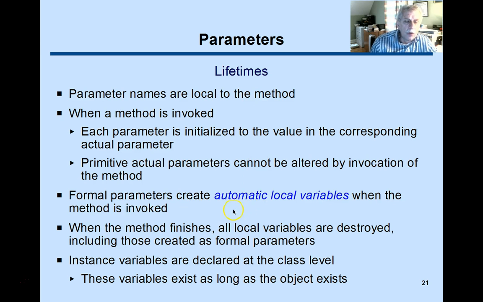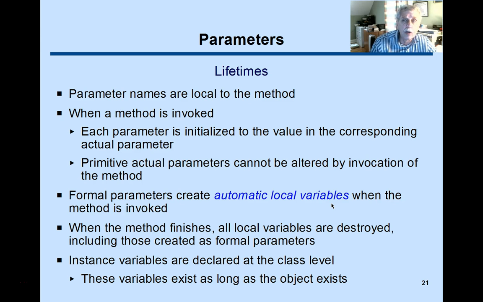The formal parameters result in the creation of what are called automatic local variables. The creation of this local variable is automatic, accomplished by the call within the Java runtime environment, and the termination or the removal of the variable, the disposing of that memory, is also automatic.